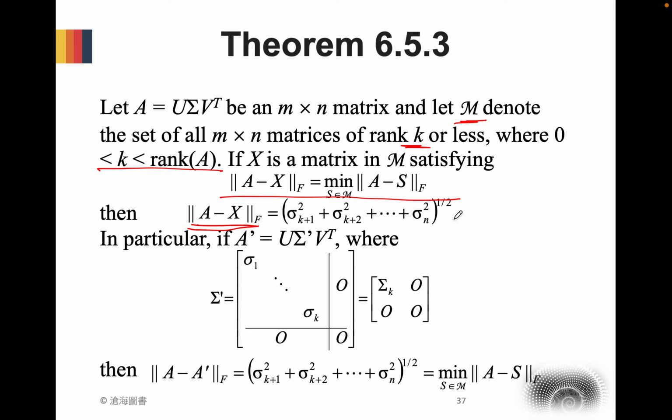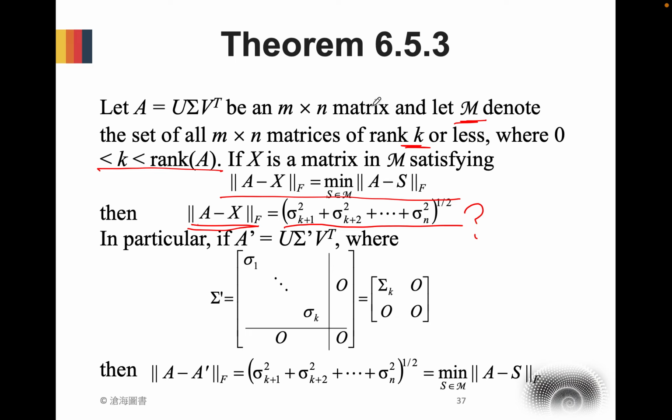Okay, why? In particular, why is the distance between A and X, the Frobenius norm of A minus X, equal to this value? Why?